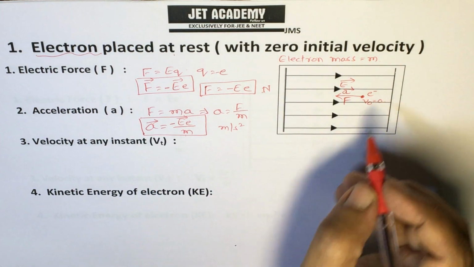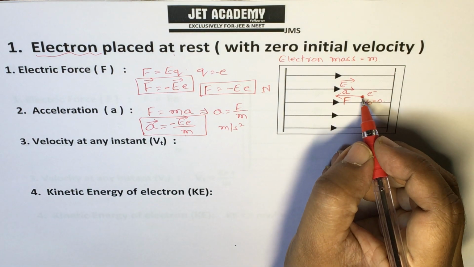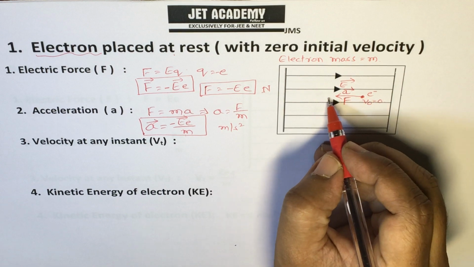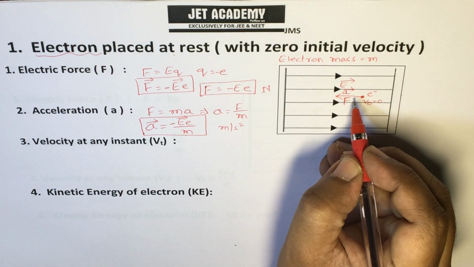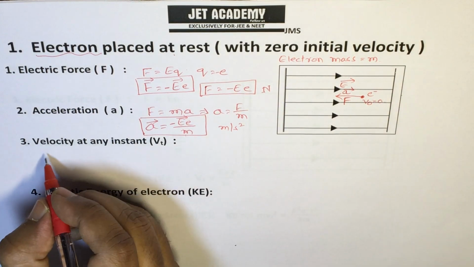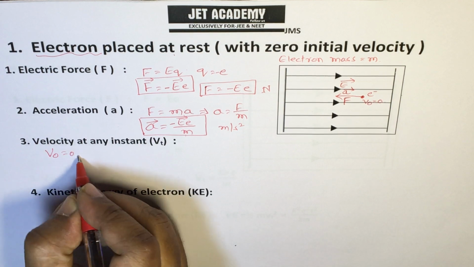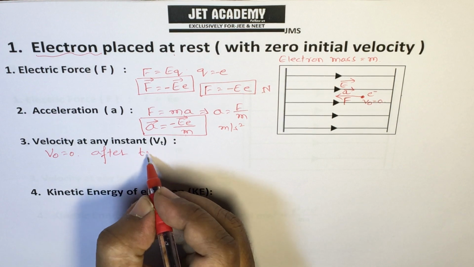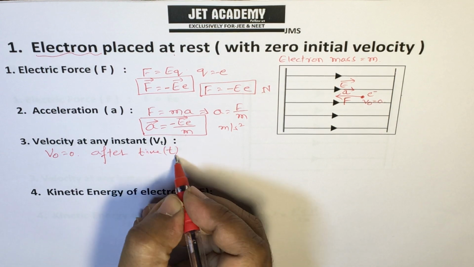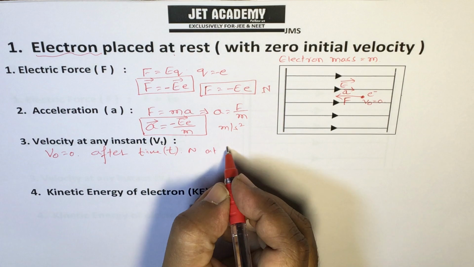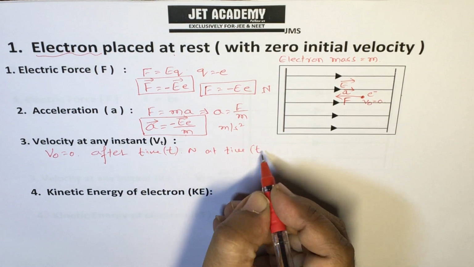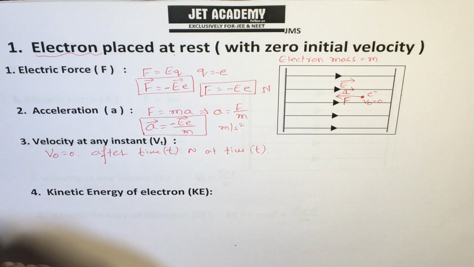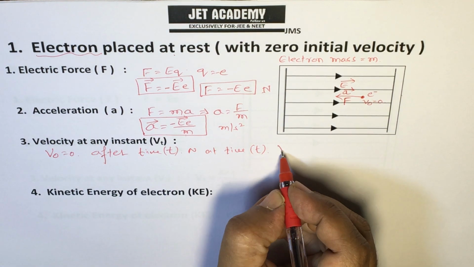Then it goes on increasing its velocity constantly. That is a constant acceleration in the same direction. Along the direction of force, it goes on increasing the velocity. If initial velocity is 0, then after time t, that is called instantaneous time, or velocity at any given instant of time, I am representing it by Vt.